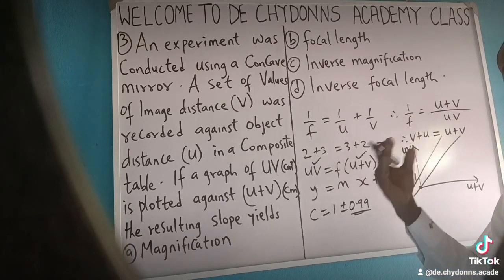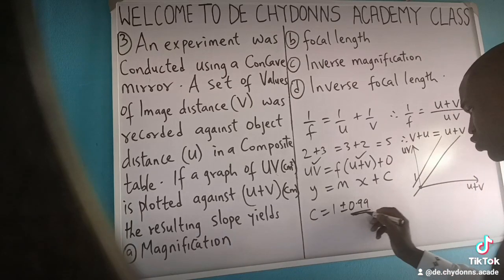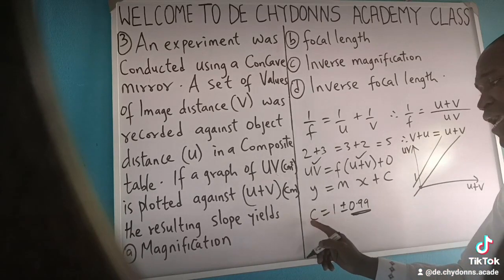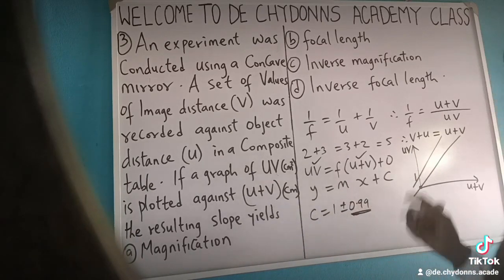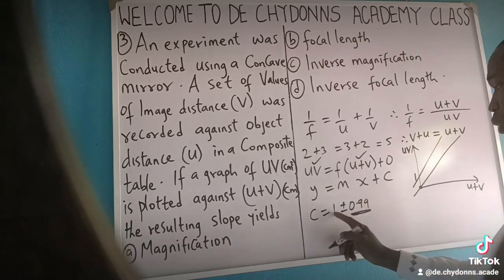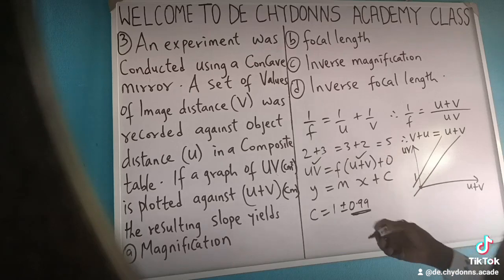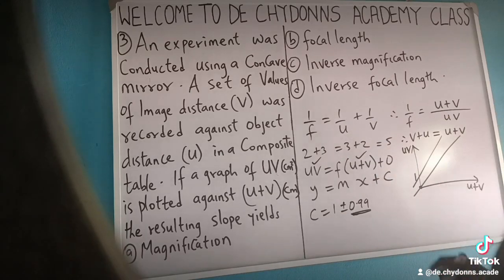After solving it, let's say we got this. You will say my intercept is equal to 1 plus or minus 0.99. That means 1 plus this can be the answer, or 1 minus this can be the answer. So one of them must give you the answer they have in the marking script.